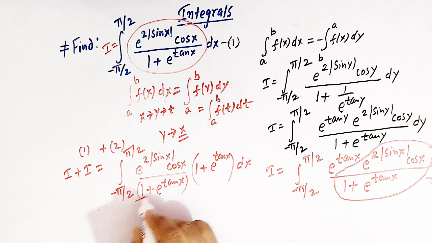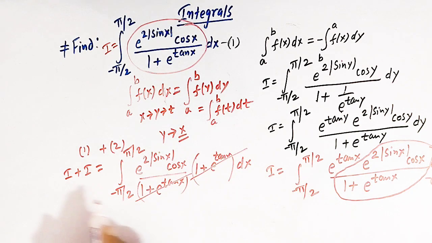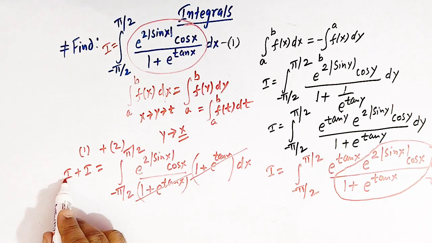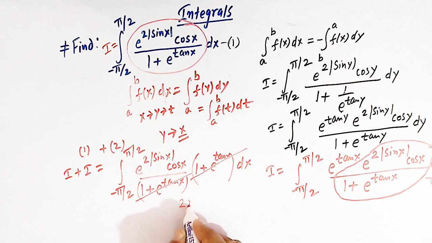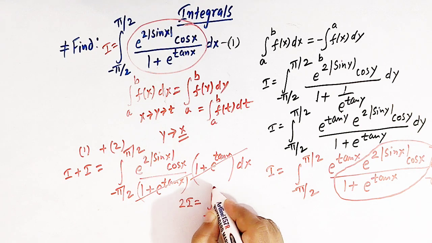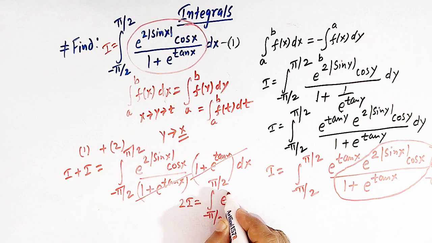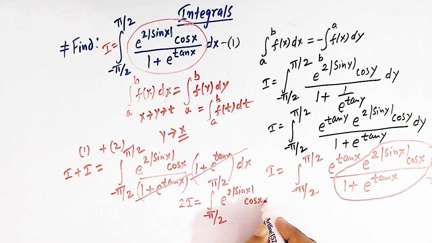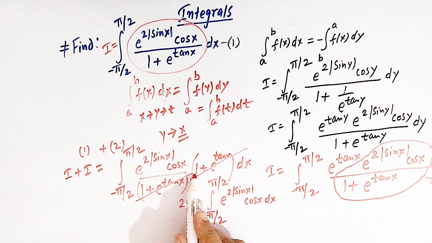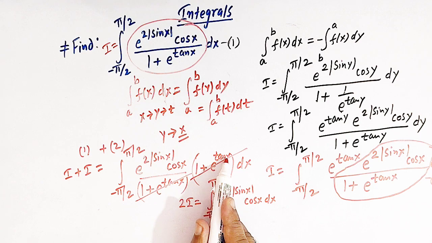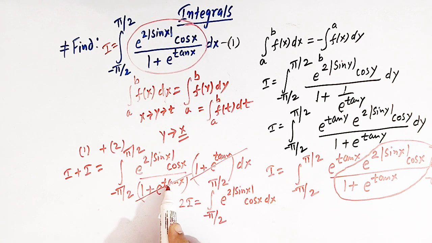So this term and this term get cancelled. Here we have I plus I is 2I, and minus pi by 2 to pi by 2, and we are left with e raised to 2 times mod of sine x and cos x dx. The two terms 1 plus e raised to tan x get cancelled.